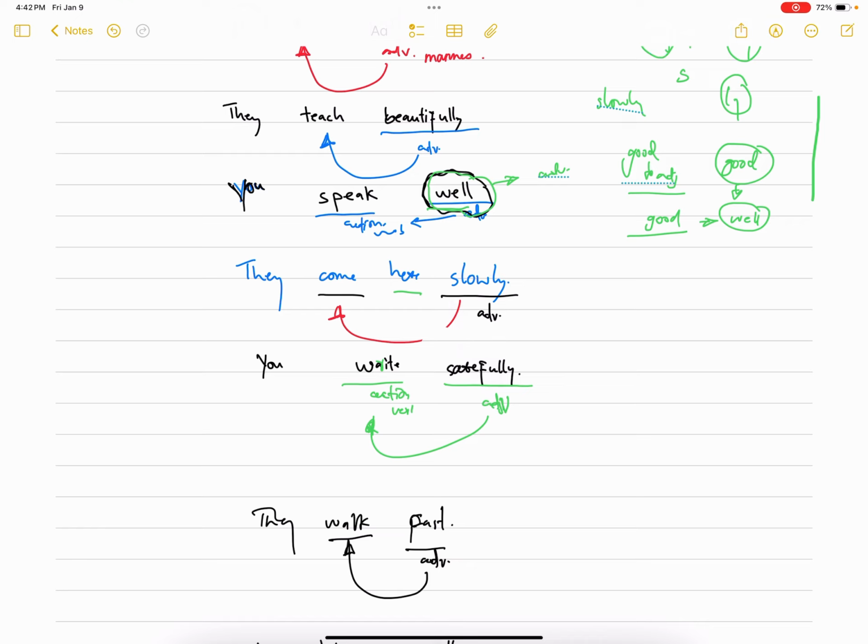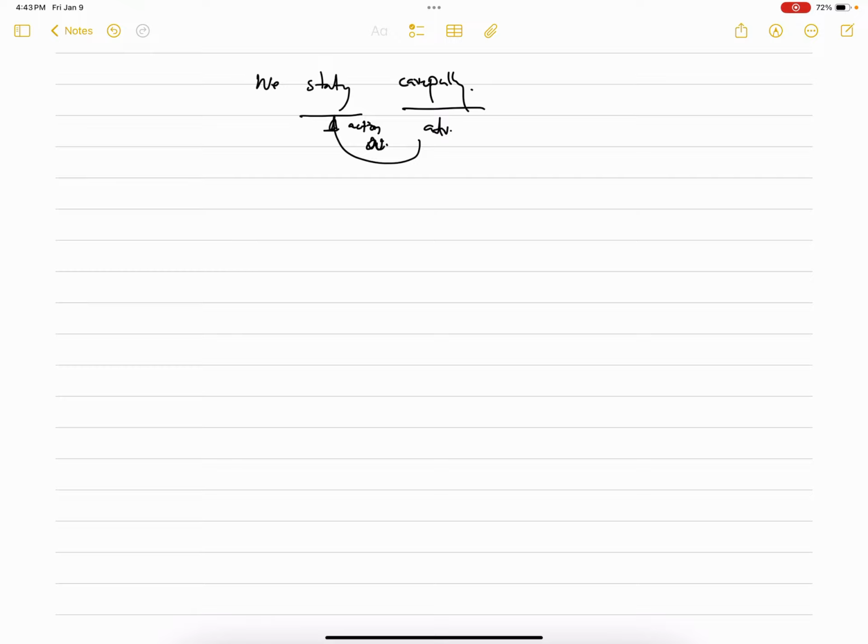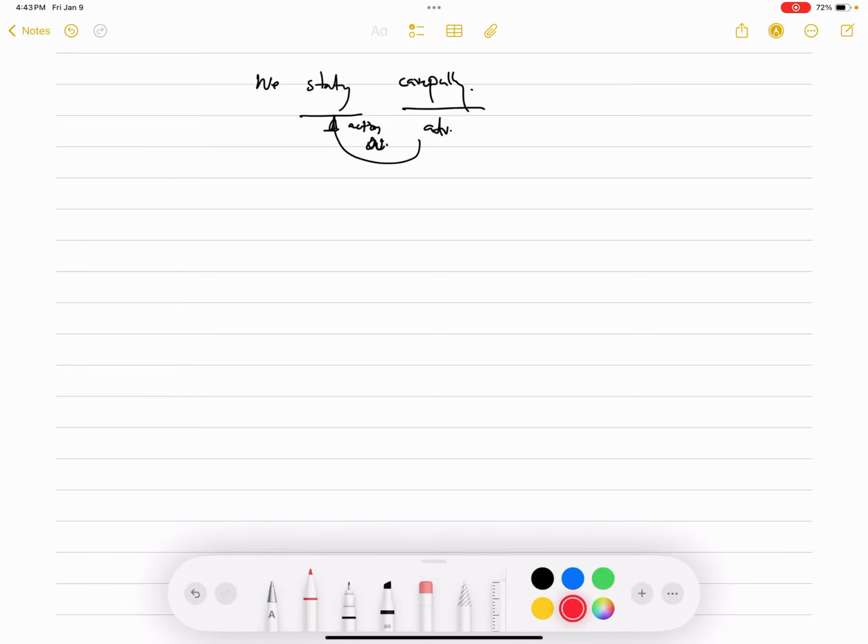Slowly is an adverb. This adverb modifies this action and shows how this action happens. Then, if we talk about adverbs of manner, we need to write how to form adverbs of manner. There are a few rules. In the next video, I will talk about how adverbs of manner should be formed. Thank you so much. Have a nice time.